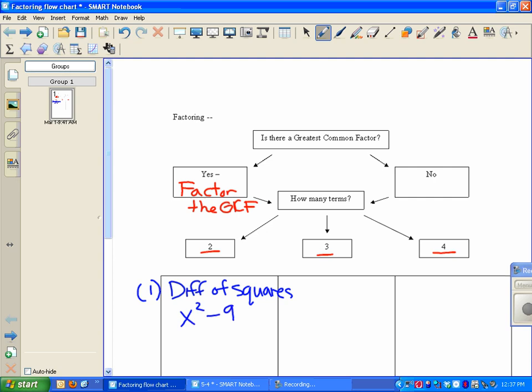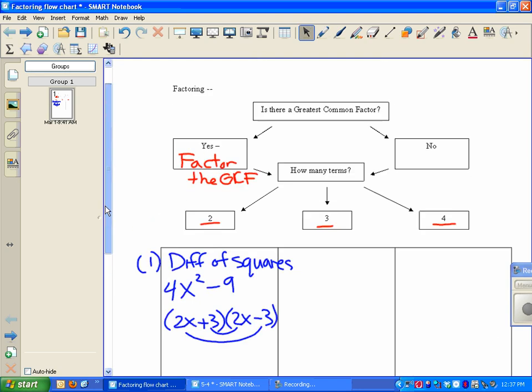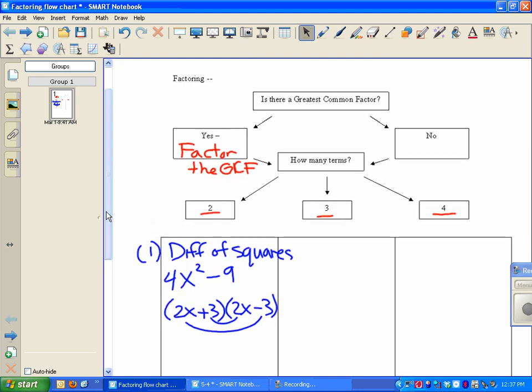So x squared minus 9, or let's do 4x squared because that's a little bit more complicated and you will see that eventually. That is still a difference of squares. So 2x is being squared and 3 is being squared for the 9. So it would be plus 3 and minus 3, and that would give your 0, your middle term adds up to 0. So that is one possibility if you have 2 terms after you factor out the GCF.